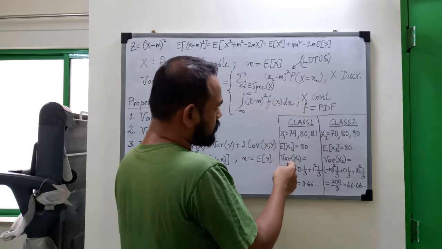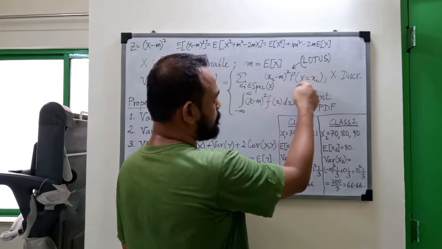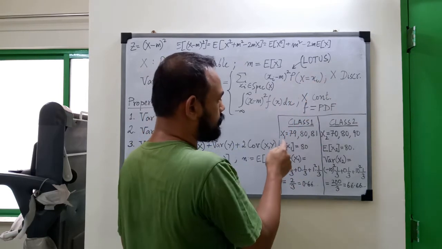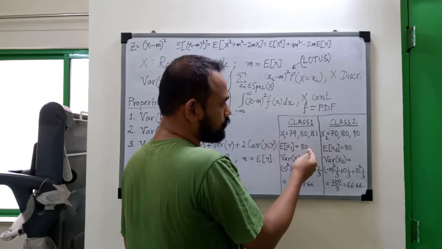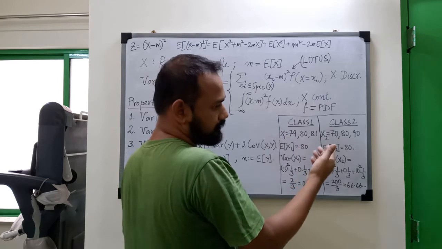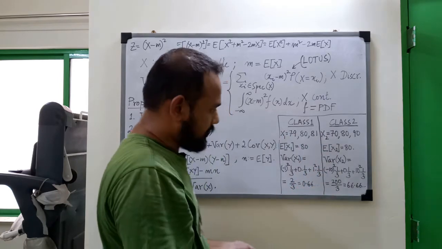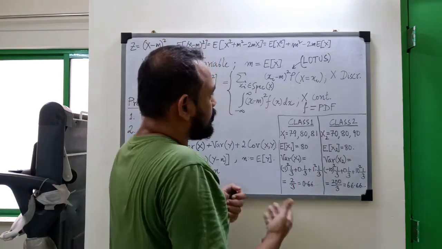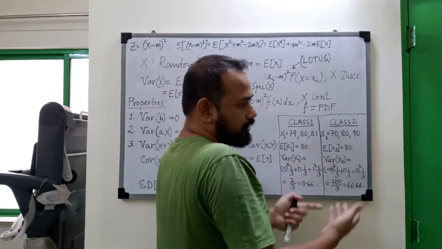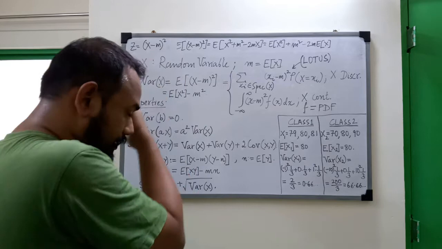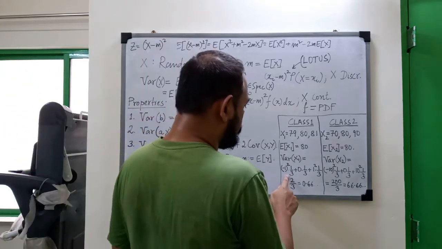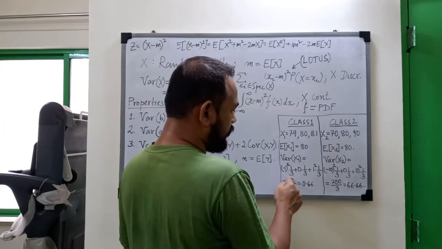And then you square it, multiplied by the PMF of the random variable. Because there are 3 students, they are equally likely to be picked. So the probability that you would pick the first student or the second student or the third student is 1/3 each. The PMF is 1/3 for each one.